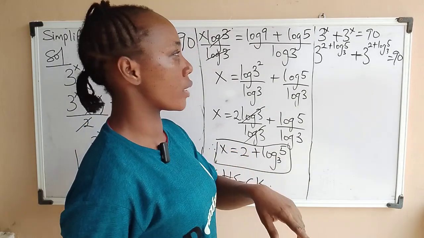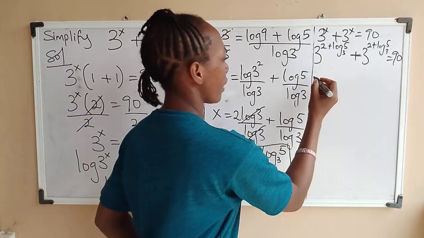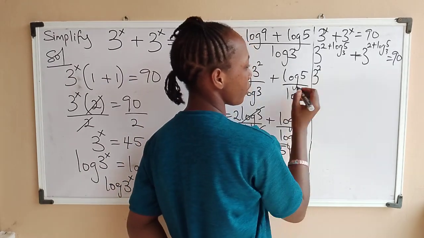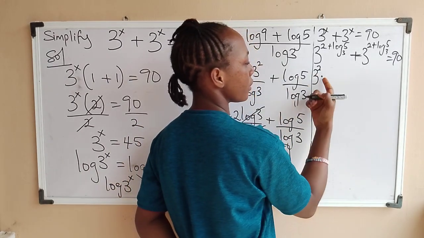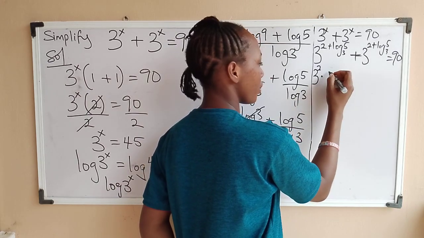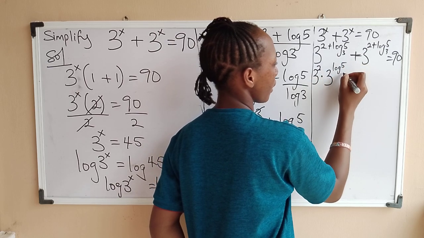Now, law of indices again: when it's plus in the power, it changes to times. So we have 3 to the power of 2 dot, and dots can be regarded as times, but we don't want to use times, so we can use dot, 3 to the power of log 5 to base 3.